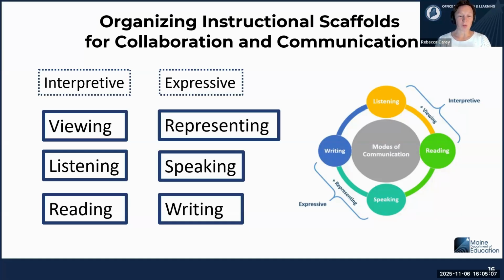So what are you providing for students to support learning through scaffolds in terms of their English language proficiency levels in interpretive and expressive language areas? So both viewing, listening, and reading, and then representing, speaking, and writing. And how do you design and implement scaffolds and strategies that support student growth over time in these areas?